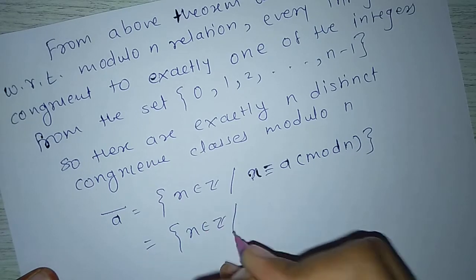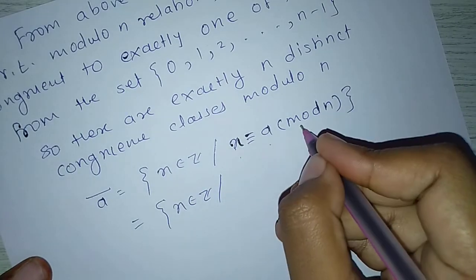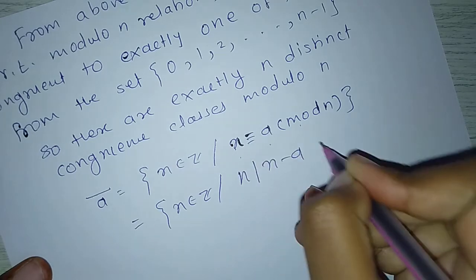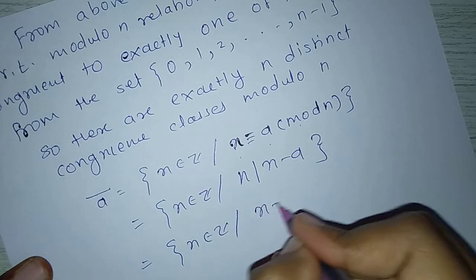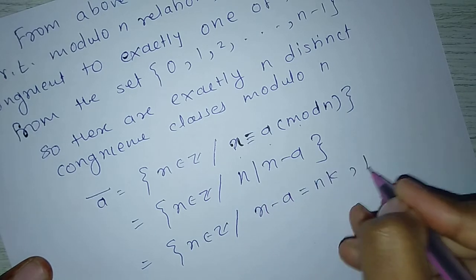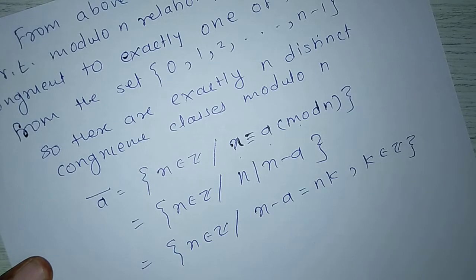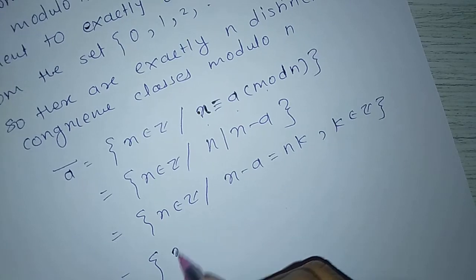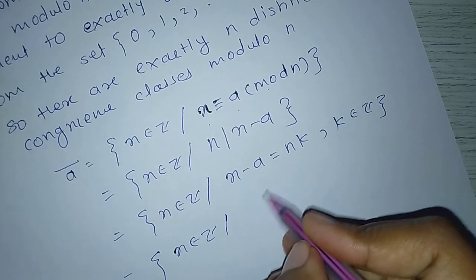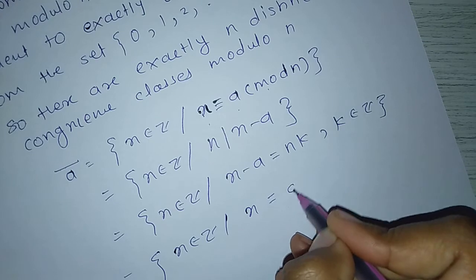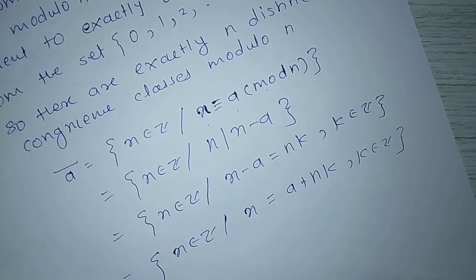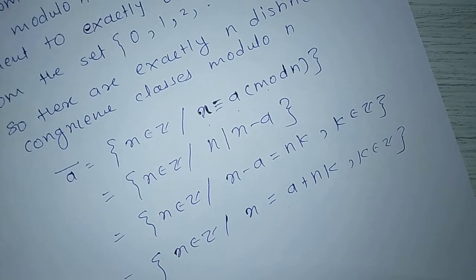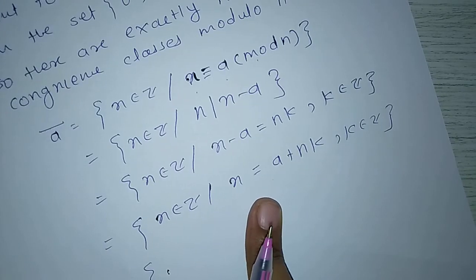That means n divides x minus a, which means x minus a equals nk, where k belongs to Z. This set is nothing but the set of x belongs to Z, and we convert this equation into x equals a plus nk, k belongs to Z.